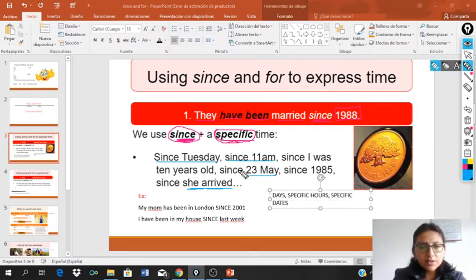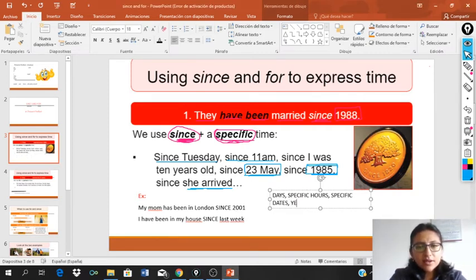For example, in this case, 23 May could be 21 February, 1 January, 2 February, okay? With specific dates, we use since. Also, we use it with years, okay? For example, 1985. We can use also 2001, 2002, 2010, 2020, 1991, okay? We use since with years.